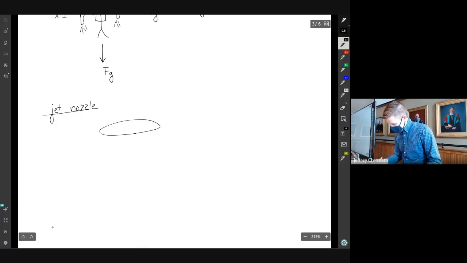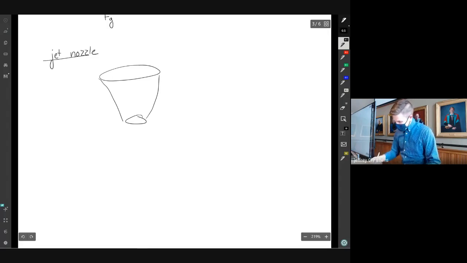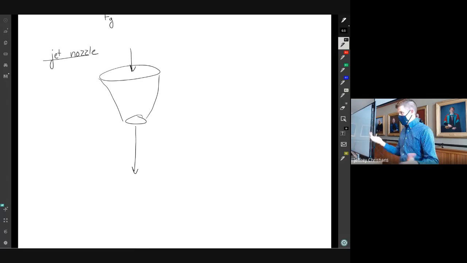It's going to look something like this, where there is fluid coming in there and coming out at a higher velocity, because it's cone shaped, and the mass flow rate in has to equal the mass flow rate out. So if our area went down, our velocity goes up.